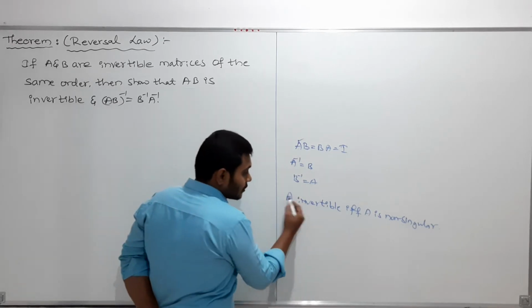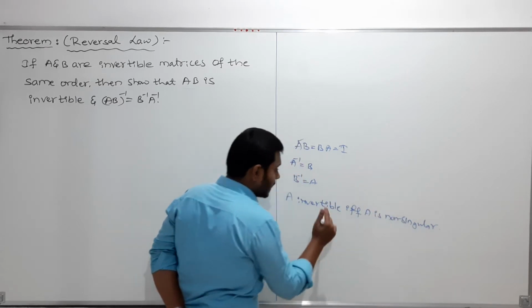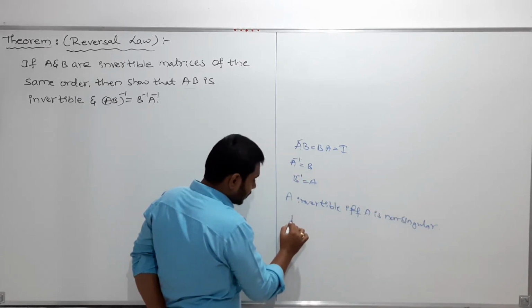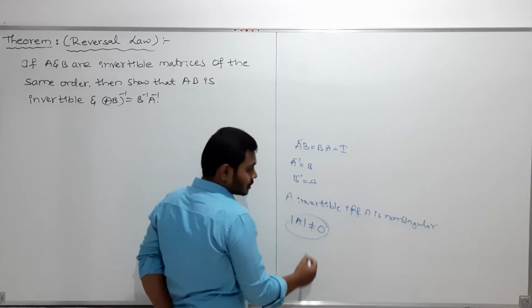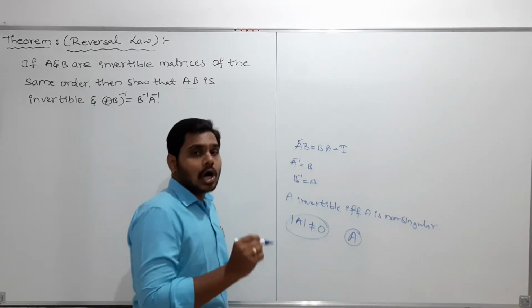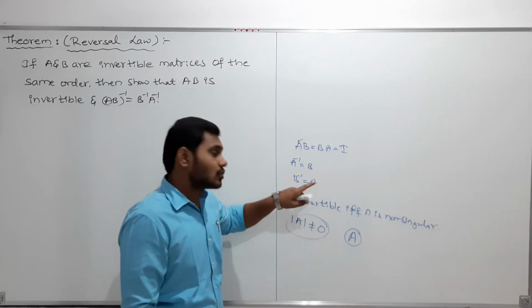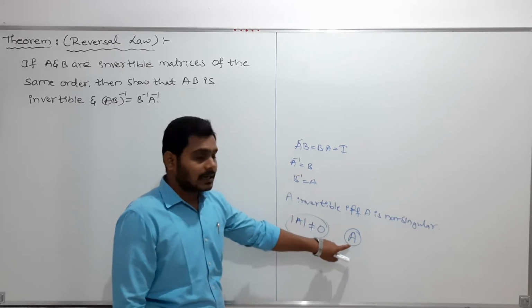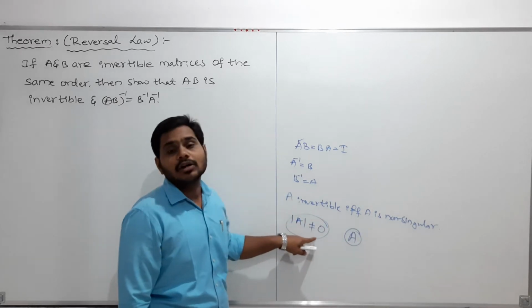So what does it say? If A is invertible, if and only if A is non-singular, it indicates that determinant of A is not equal to 0. A square matrix A is said to be non-singular if determinant of A is not equal to 0.